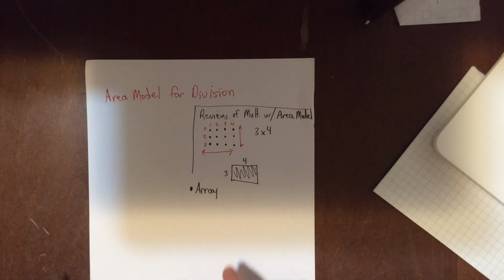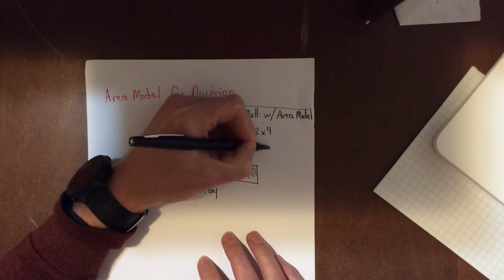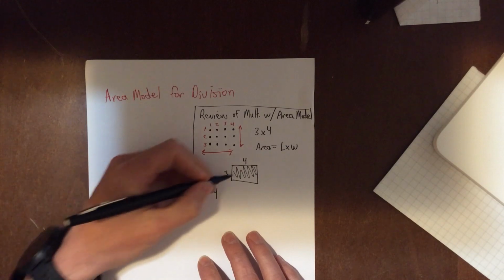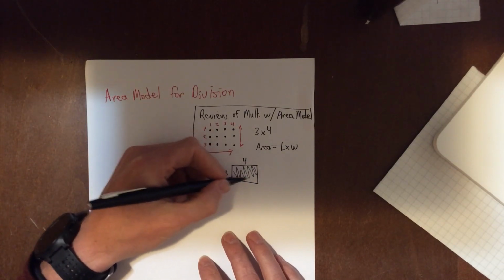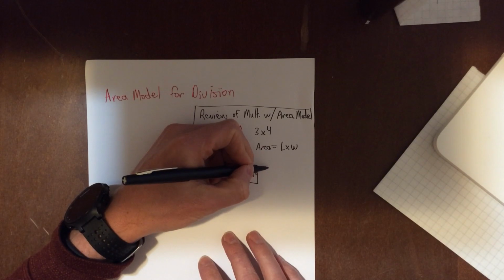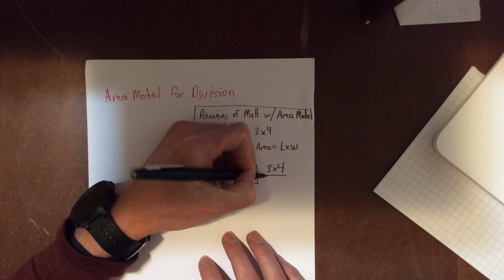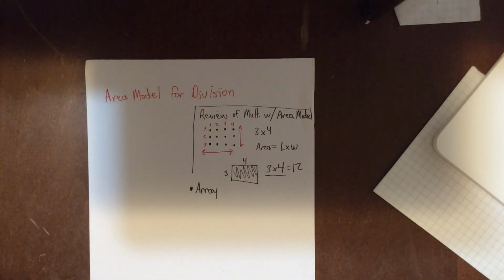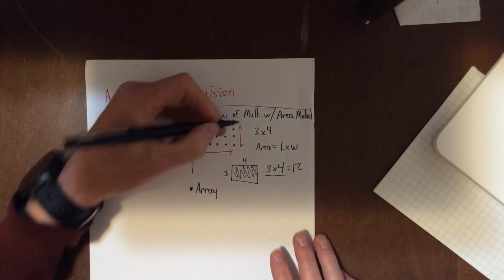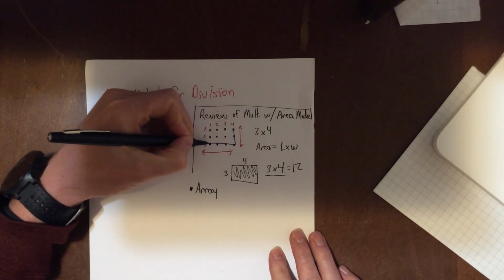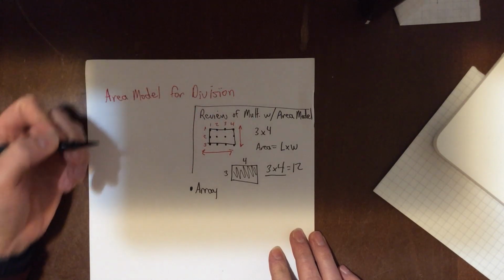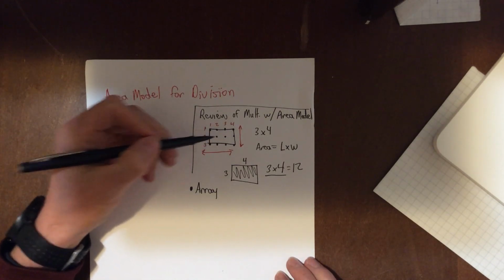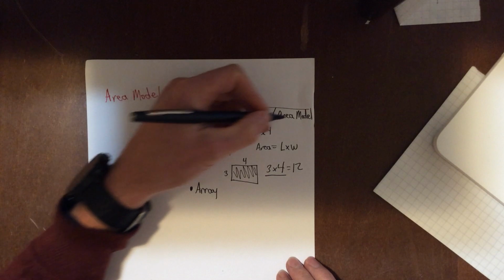And because we know that area equals the length times the width, or height, we know that finding this space, the area, in order to do that, we'll multiply 3 times 4 equals 12. Okay. So, we can see that it's much easier, instead of drawing 12 dots, we know that an array really is area.